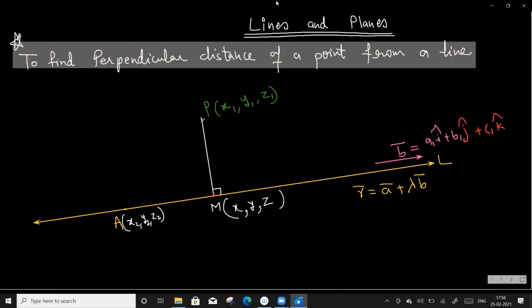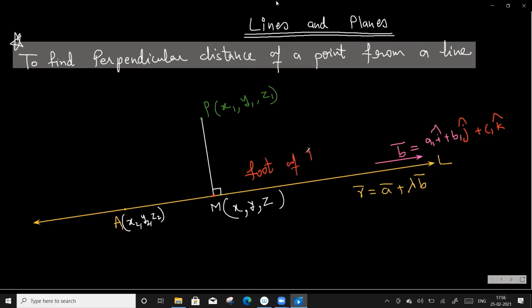So I repeat, we know the point P in the space. We know one point on the line and we know a vector parallel to the line. Now from these three things, I will find out the point M, which happens to be the foot of the perpendicular.